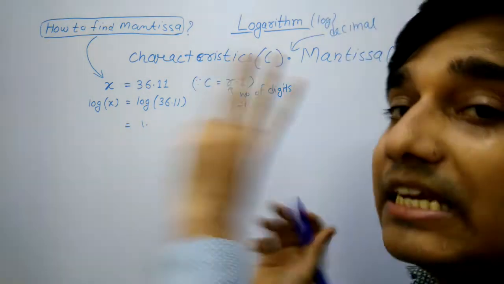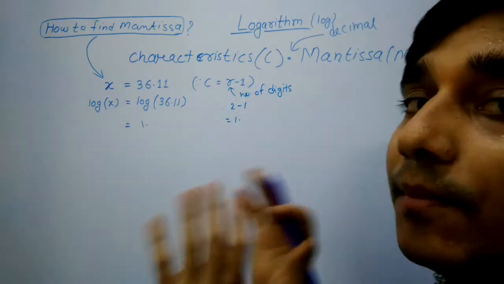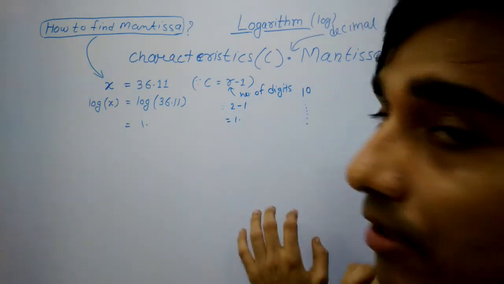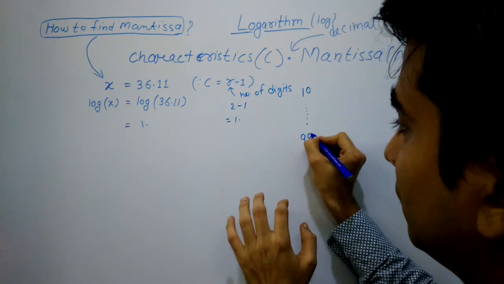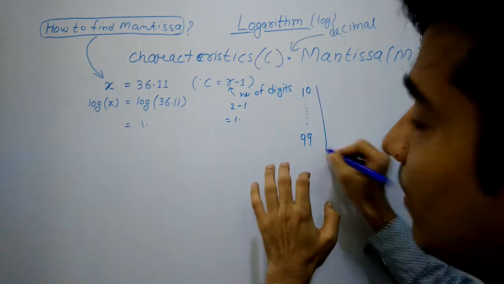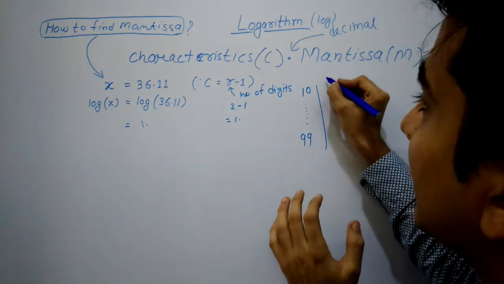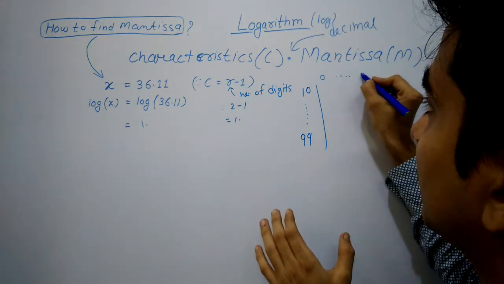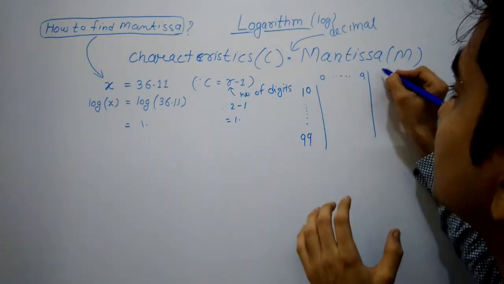There are a total of 3 groups of columns. In the first group, the numbers given run from 10 up to 99. In the second group of columns, the numbers are 0 to 9, and in the third group they are 1 to 9.